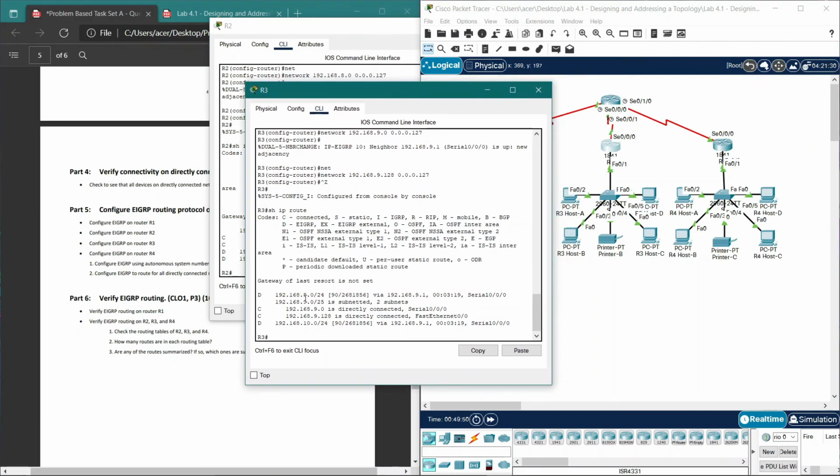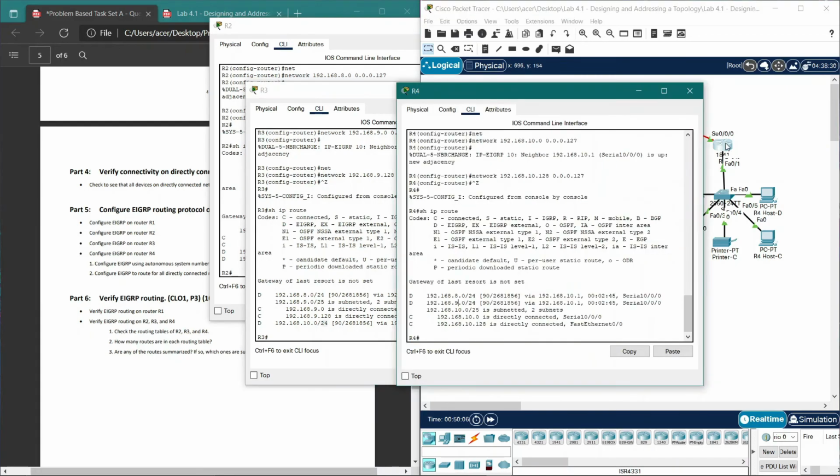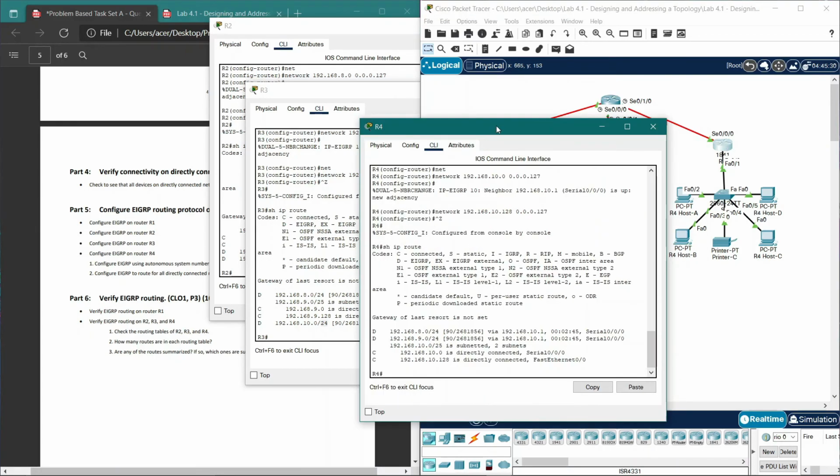The 192.168.8.128 is summarized, and also the 192.168.10.128 is summarized. The subnet mask should be /25, but after the summarization we can only see the /24. In the last router, R4, we can also see 8.128 and 9.128 summarized into the /24 IP addresses.